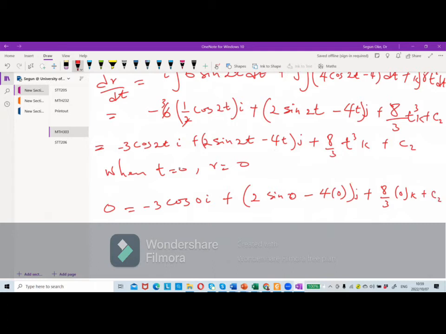So at the end of the day, we have c2 equals 3i. Do you agree with me? Yes, sir, because cos 0 is 1.